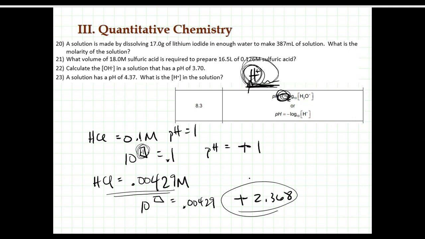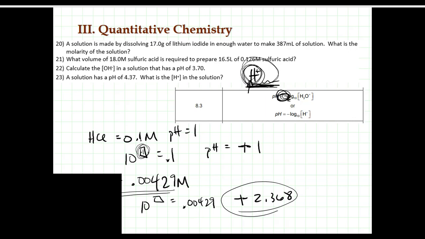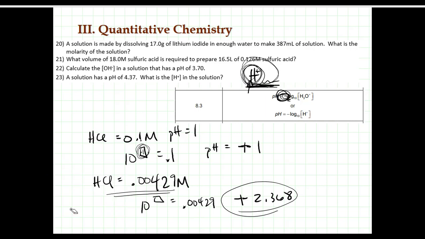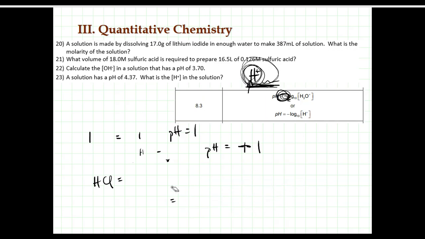So let's talk about this idea of pOH. I'm going to erase a little bit here so that we have more space on the screen. The pH is the negative log of the concentration of the hydrogen ion that comes from acids.